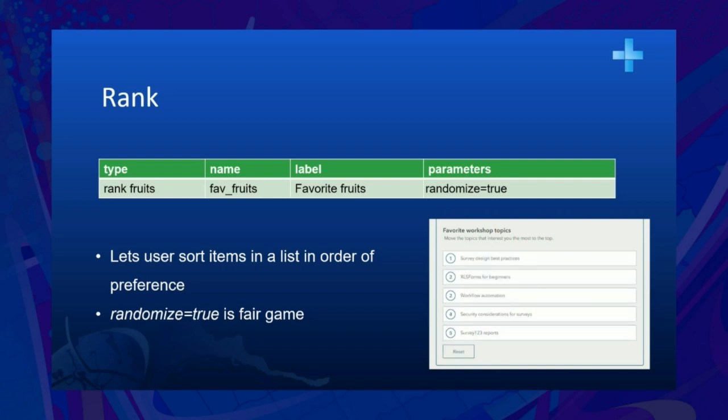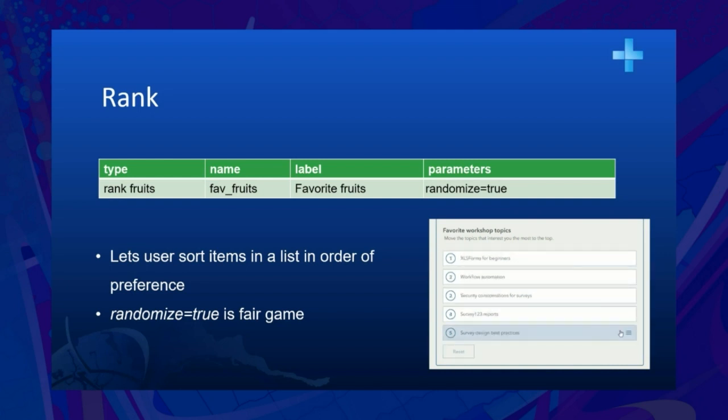You pass in the name of the list that you want users to sort, and you can optionally use the randomize=true parameter as well. Typically, in this type of experience where you let users sort a list of items, you don't want to present many items, like 6 or 7 items is probably the top number of items that you may want to present to users.